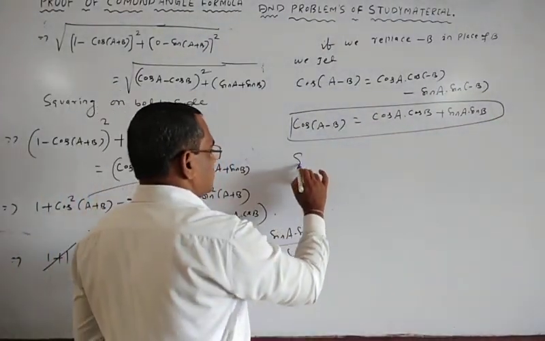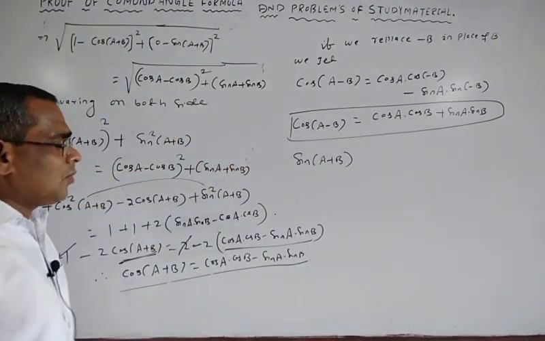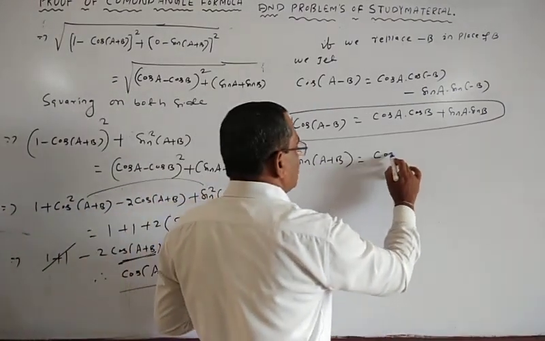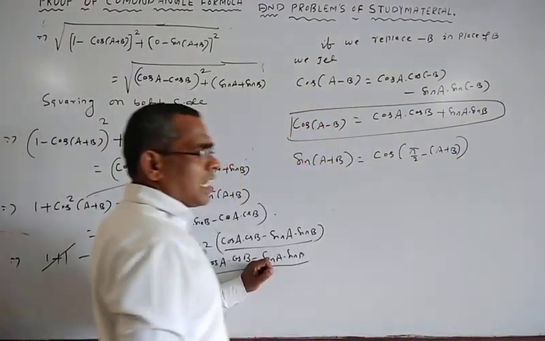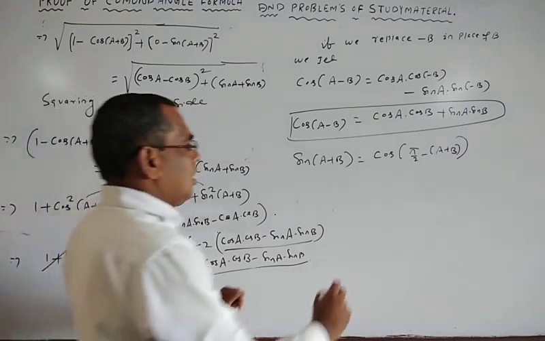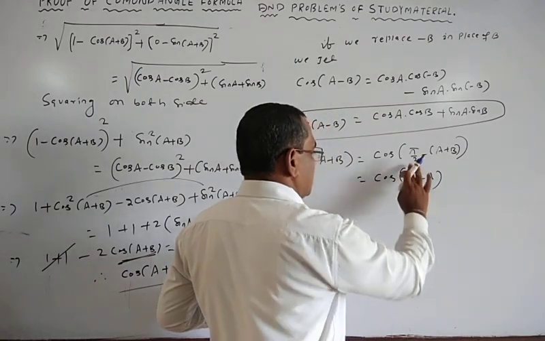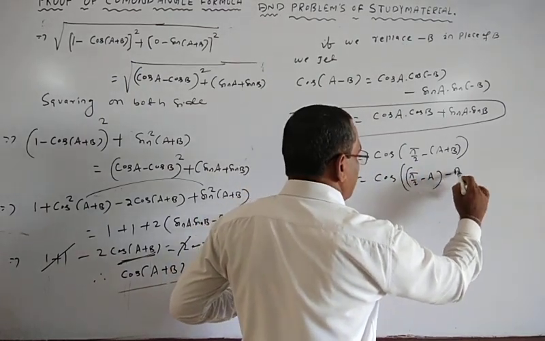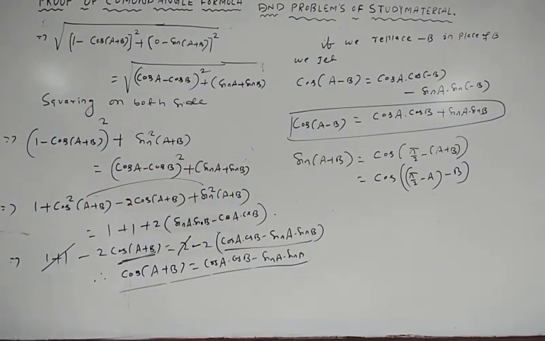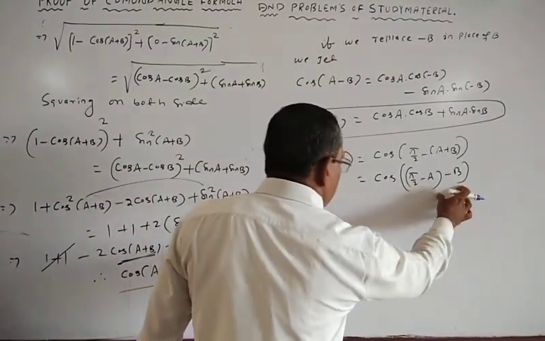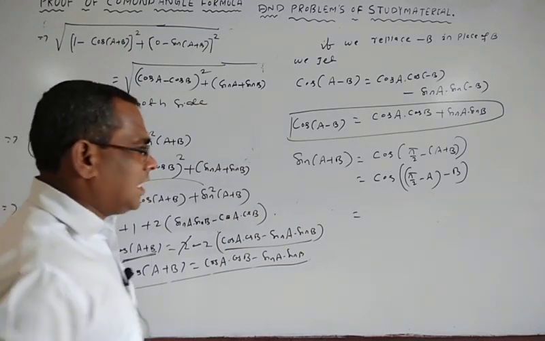Next we prove sin of (a plus b). You know sin of (a plus b) is equal to cos of 90 minus (a plus b), because cos of (90 minus theta) is equal to sin theta. You can express this as cos of ((90 minus a) minus b), and use the formula cos of (a minus b) is equal to cos a cos b plus sin a sin b.